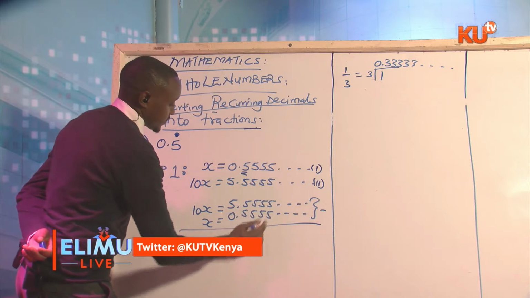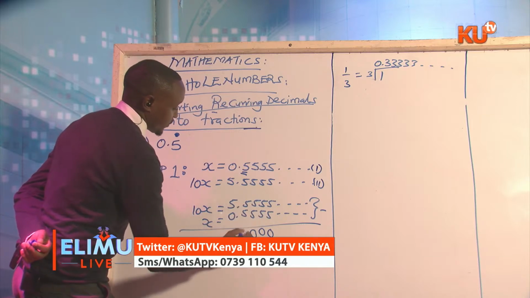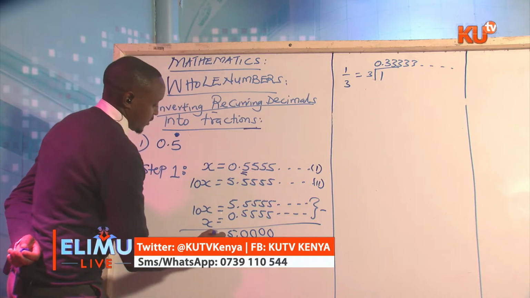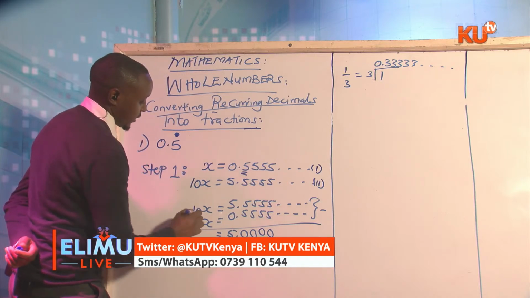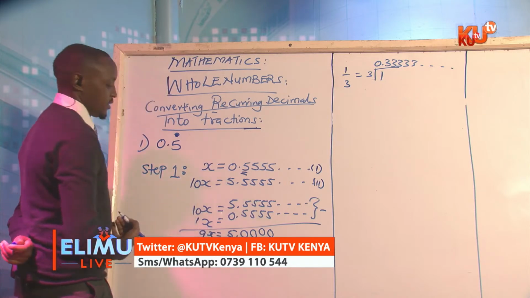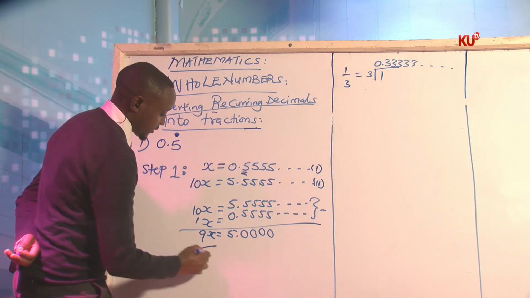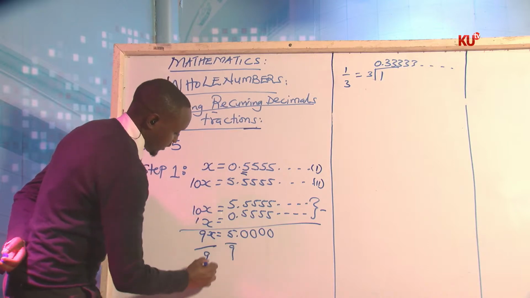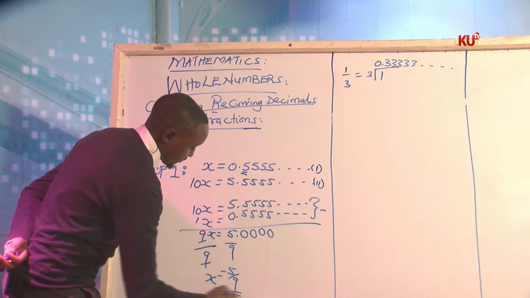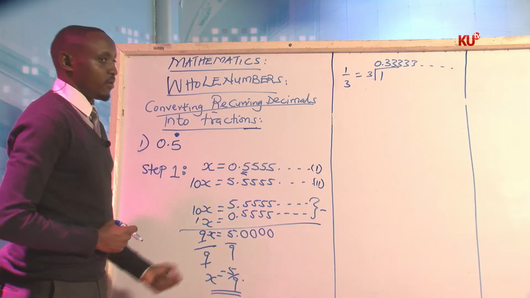That means 5 minus 5 is 0, 5 minus 5 is 0, and so on, and then 5 minus 0 is 5, and 10x minus 1x becomes 9x. So we are interested in getting the value of x, which means we shall divide both sides by 9. Therefore, x is equal to 5 over 9. So 0.5 recurring as a fraction is 5 over 9.